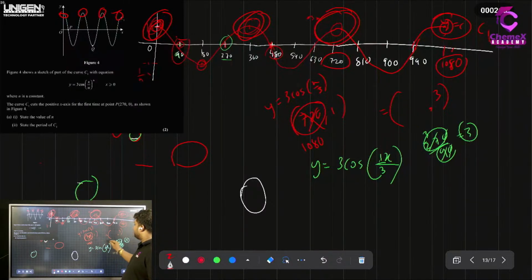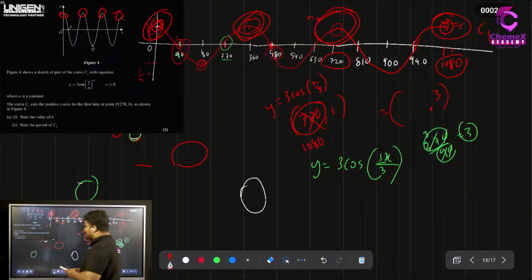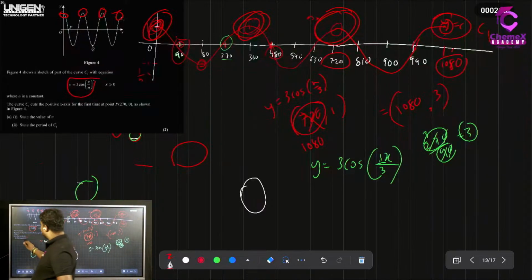So it's not 360, it's 1080. So 1080 into 3 is how much? It's going to be 1080 x; nothing happens to the x actually. It's 1080 comma 3, but they are asking only the time period, so it'll be 1080 only. You just have to write 1080. Got it?